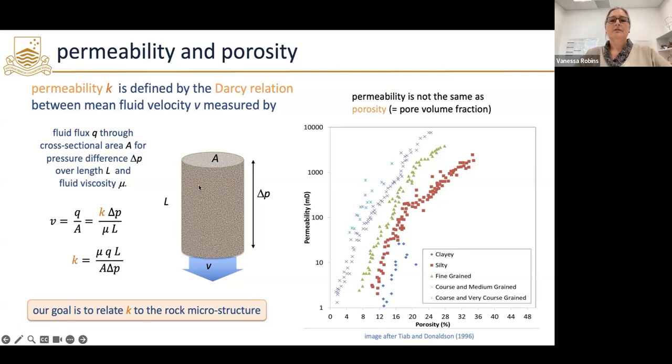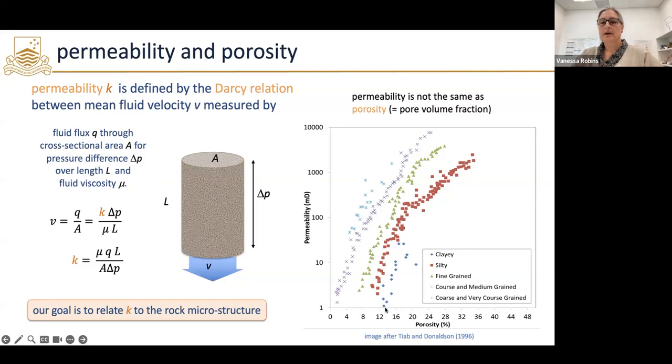And so obviously your volumes may be distributed throughout the cylinder in very different ways. And the way those volumes are distributed throughout the sample is going to dictate how well the fluid can flow through that pore, okay? And so this plot over here is really highlighting the fact that porosity is not directly correlated with permeability, yeah?